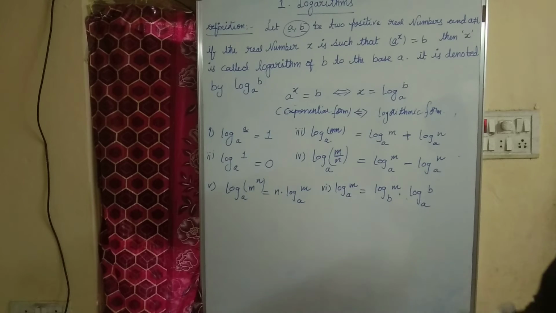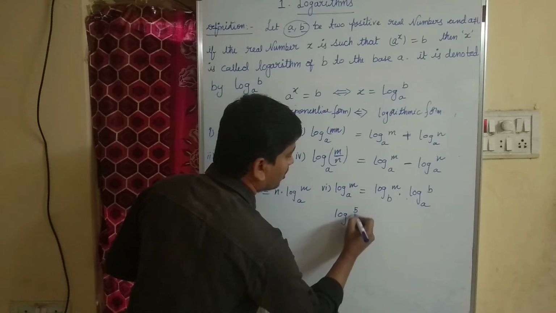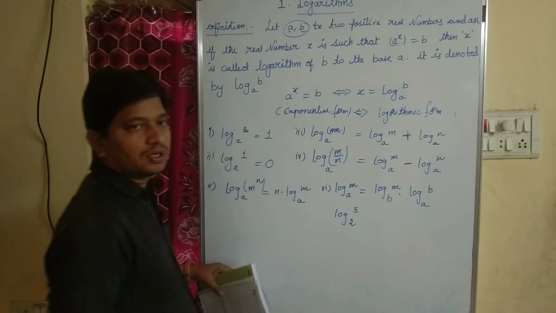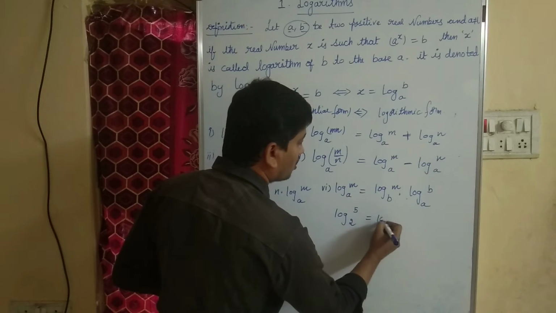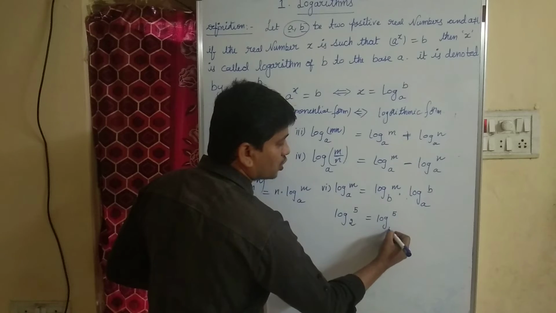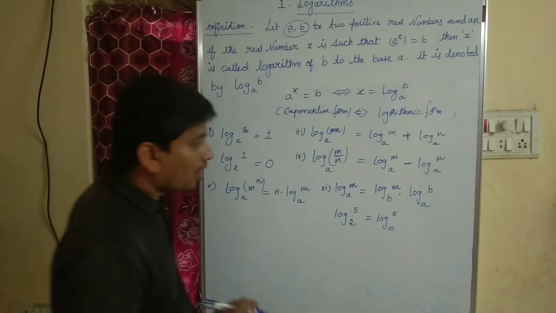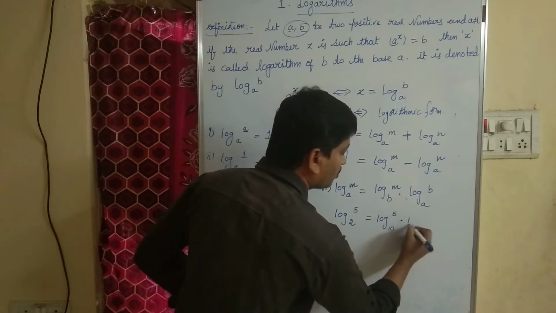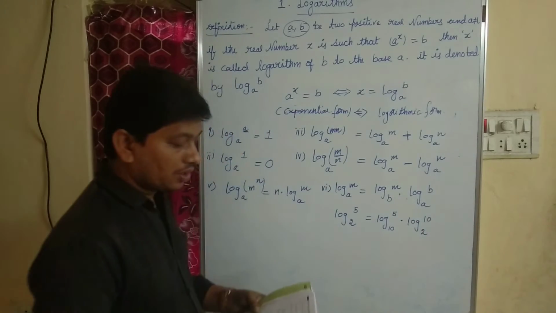I can say that, for example, log 5 to the base 2. How can I write log 5 to the base 2? I can write it as log, here m in the sense 5, so common logarithm is nothing but base 10. So log 5 to the base 10 into log 10 to the base 2.